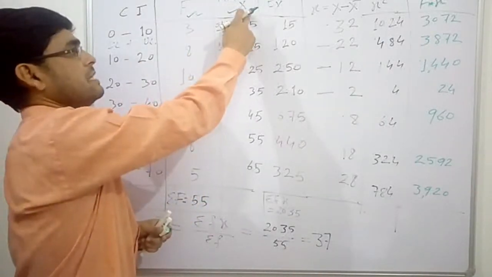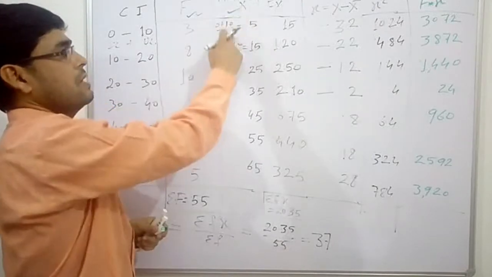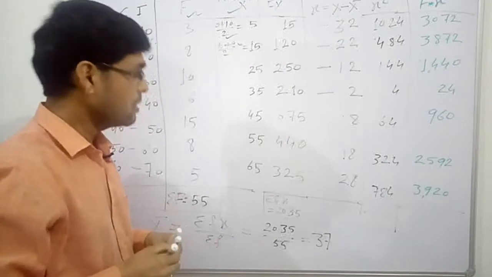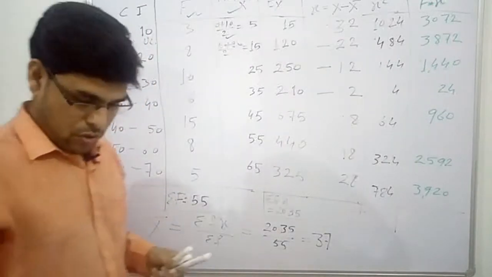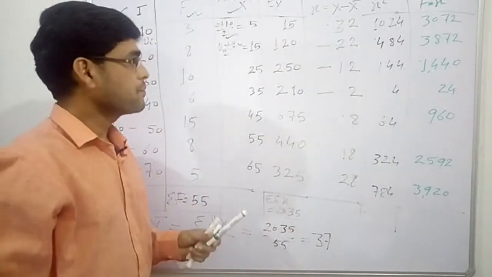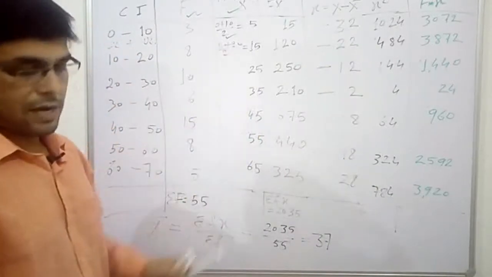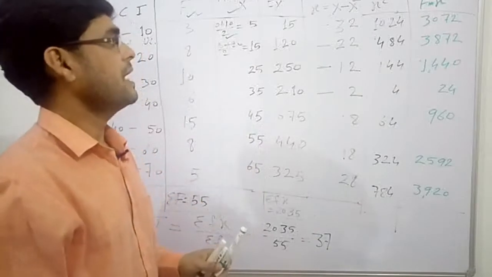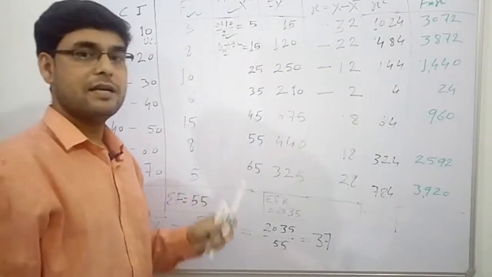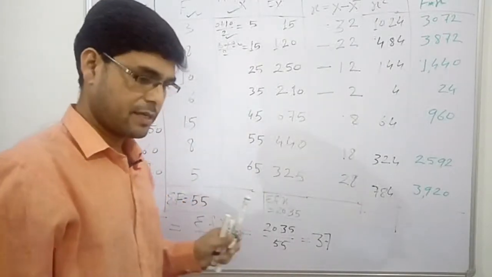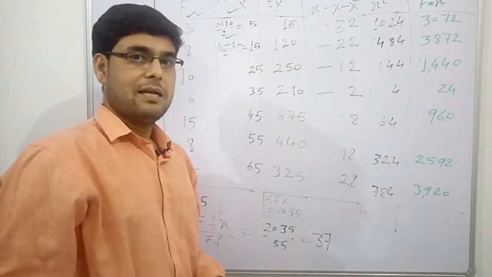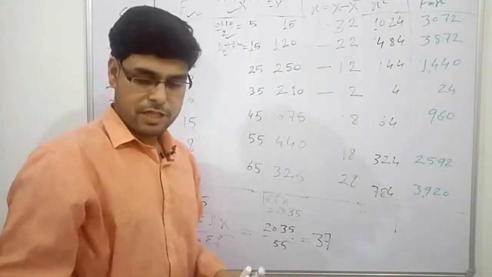We have to find the x as the mid value by applying lower limit plus upper limit by 2, right? So next we need a formula. The formula is the same as applied in the direct discrete method. So let's solve this one.